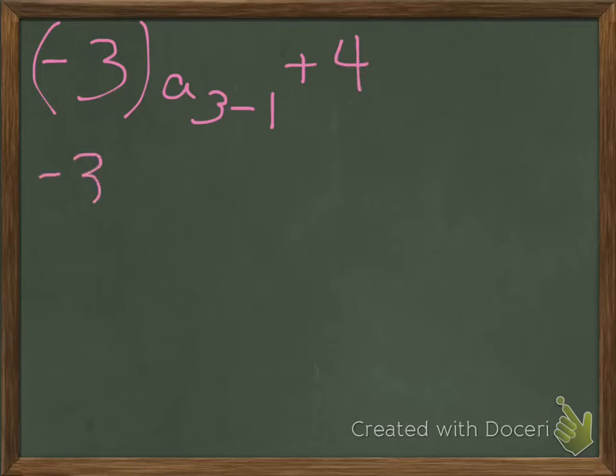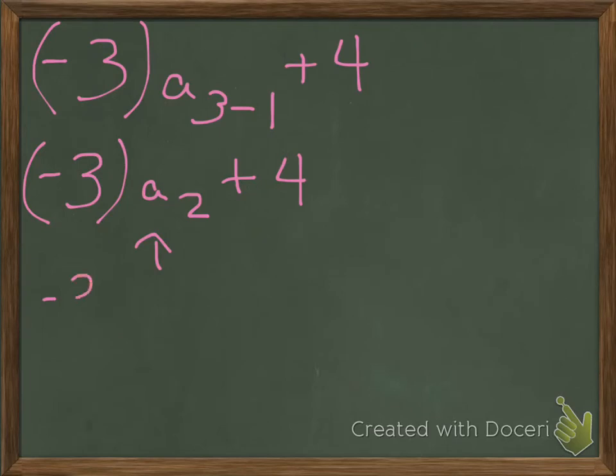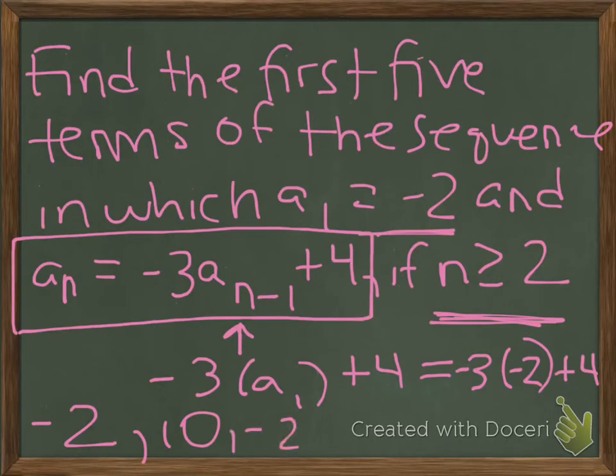So if we simplify, we have -3 times a, 3 minus 1 is 2, so that's a sub 2, plus 4. And what was our second term in the sequence that we just found? That was 10. So we're going to plug in for a sub 2, 10, plus 4. So we get -30 plus 4, or -26. So that's our third term.